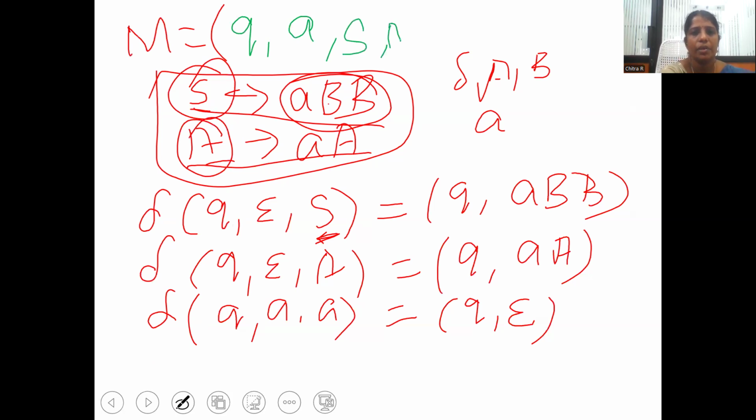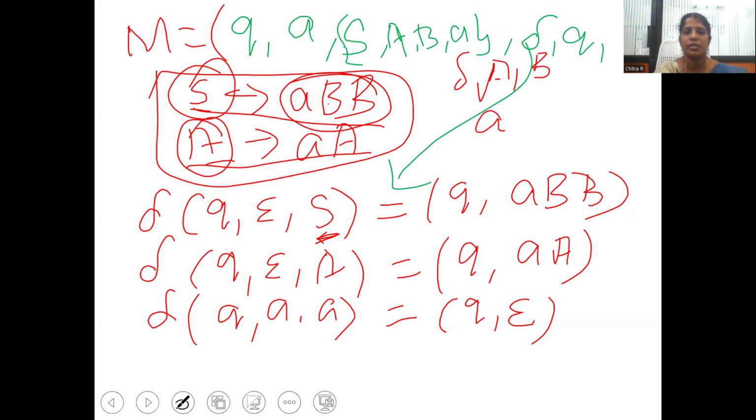Yes, A and B are the variables, and a. So these are the possible stack symbols. And δ is the transitions that are given over here. And what is the initial state? Q. And the final state is also Q. And for the top of the stack, there are three variables, but S is the starting symbol, and S is the top of the stack, and Q is the final state. So this is the required pushdown automaton.